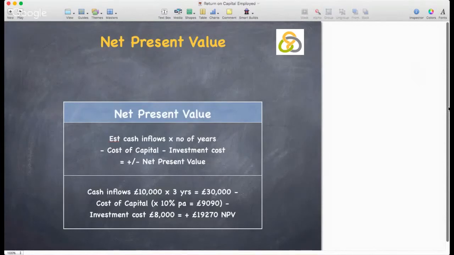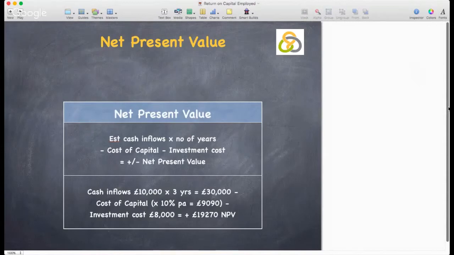The net present value calculation is, in this instance, cash inflows of £10,000 multiplied by 3 years, because that's what we think the life of the project is. That gives us £30,000. We take off the cost of capital at 10% per annum. The 10% we've used as a calculation because we've borne in mind inflation and what return we might get elsewhere.